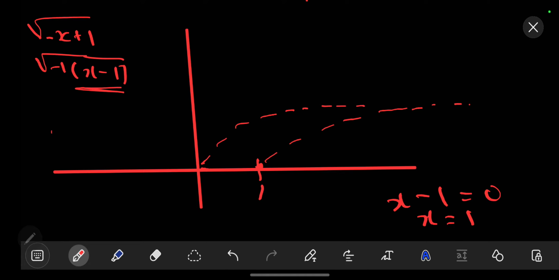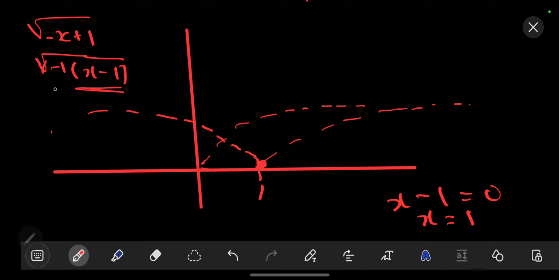Now we are going to account for this -1. What does this -1 do? It rotates the graph in the other direction. So if we multiply by -1, our graph will go in this other direction, which will be something like this.